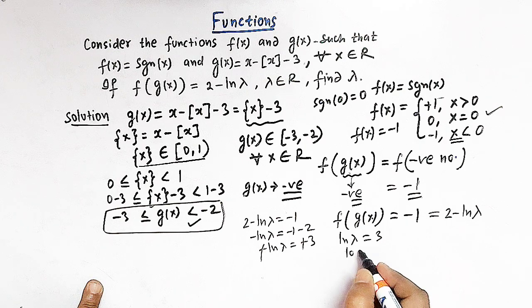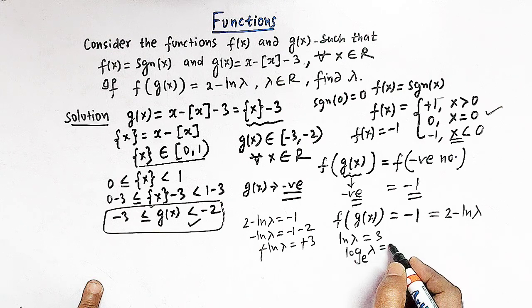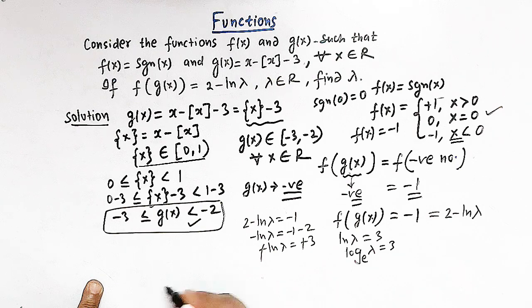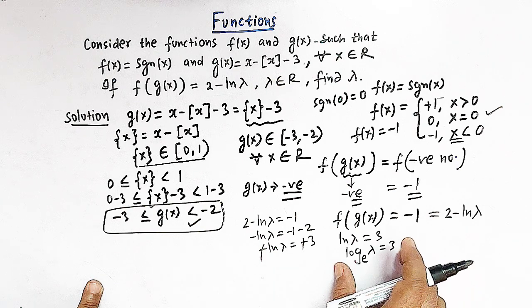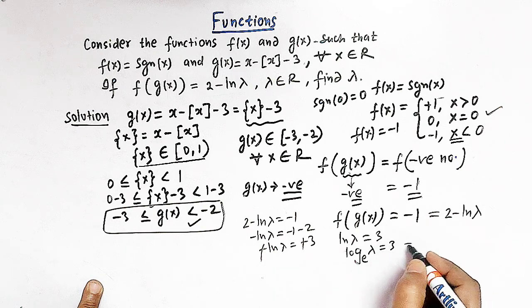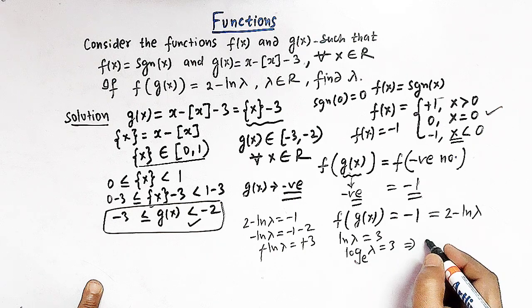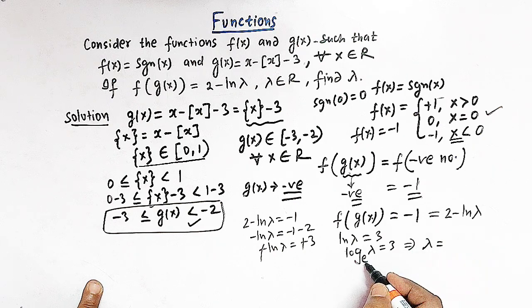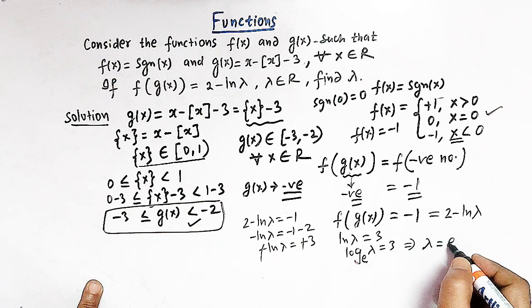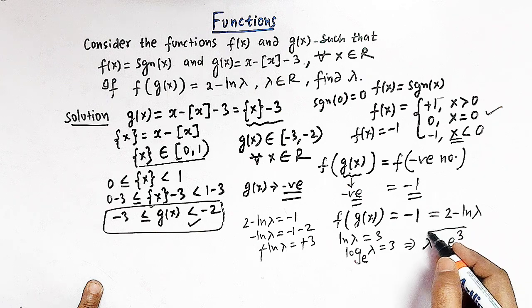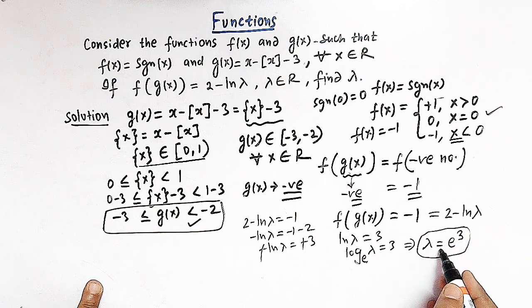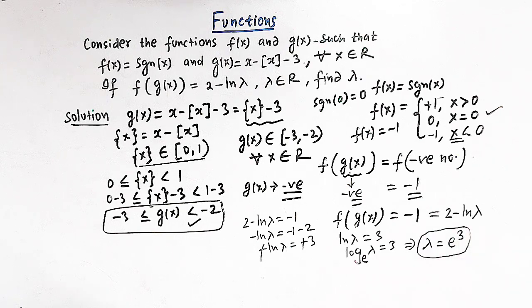We can also write it as log of lambda to the base e equals 3. From the definition of logarithm, lambda is equal to e raised to 3. So the value of lambda is equal to e raised to 3.